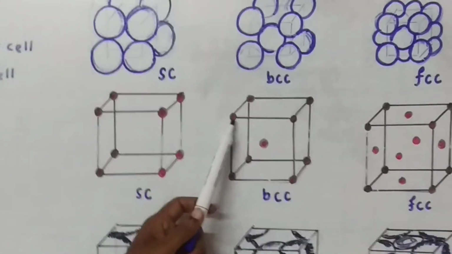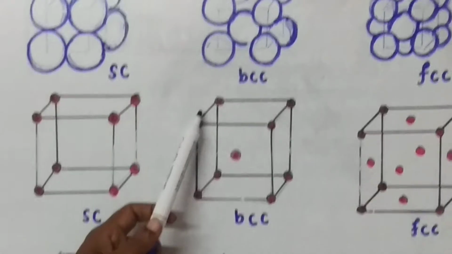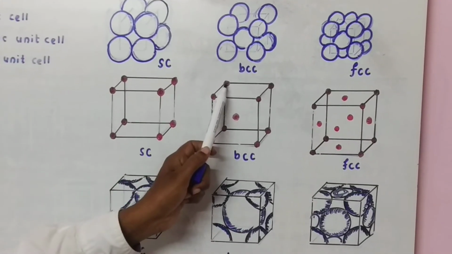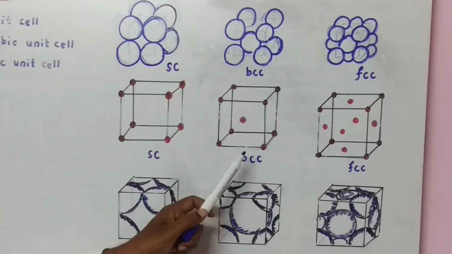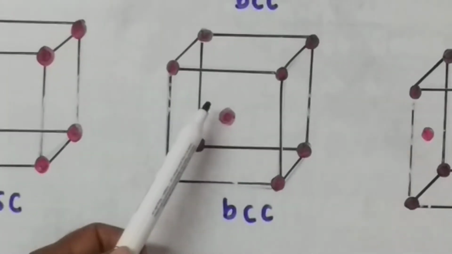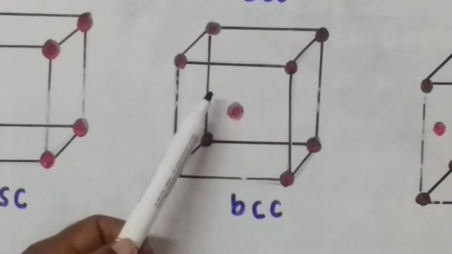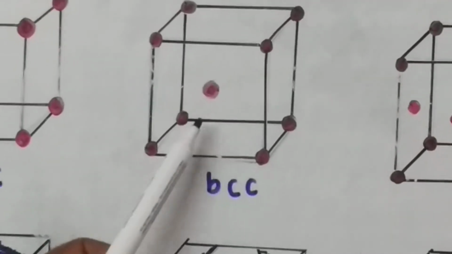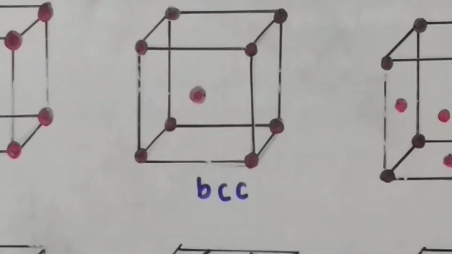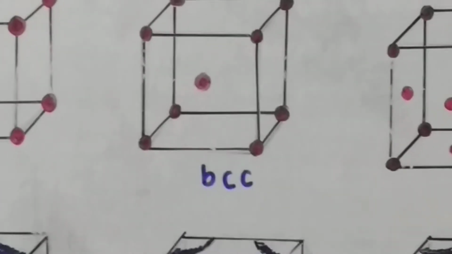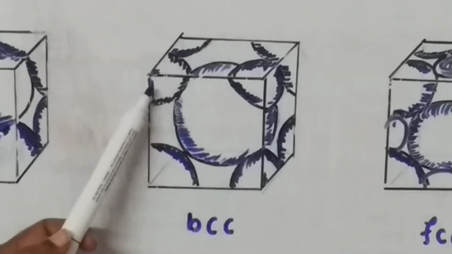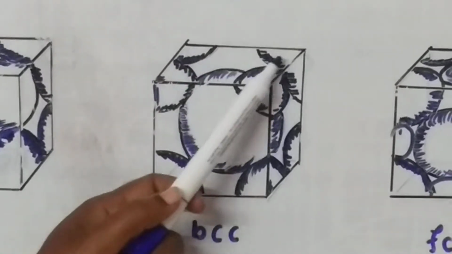So here at the corners 1/8 portion of atom is present at 8 corners of cube. In addition, one atom is present at the center of cube, which is not shared with any other cube. So here in this diagram one atom is present in the center of that cube and 1/8 portions of atoms are present at the 8 corners of cube.